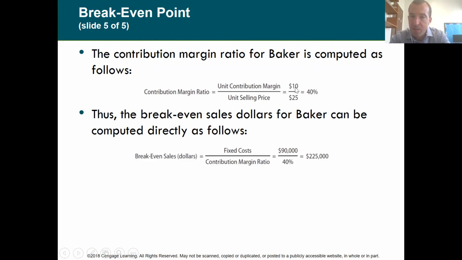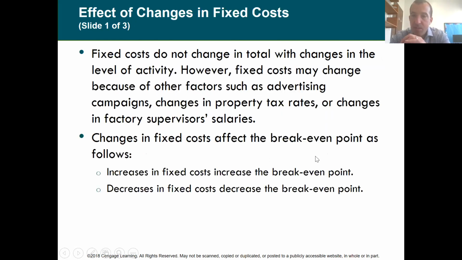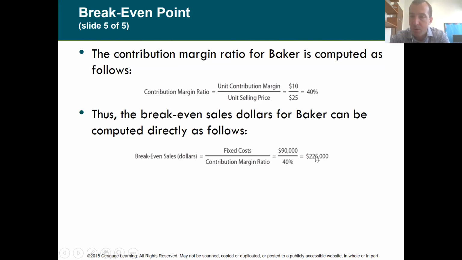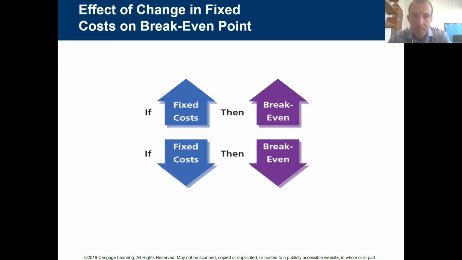We get that by taking the unit contribution margin of $10 divided by the selling price. When we do that, we say, okay, we need to sell $225,000 worth of goods. So instead of focusing on units, we do it on total sales at 40% contribution margin. We need to cover $225,000 in total sales revenue.